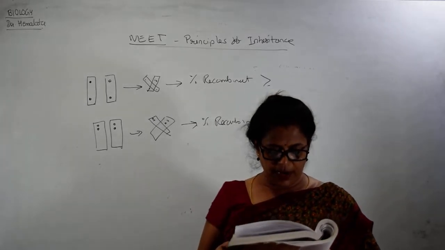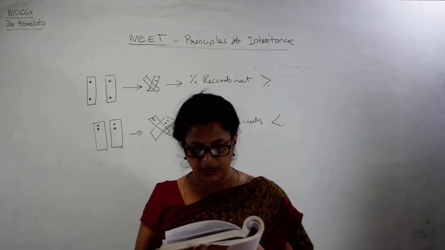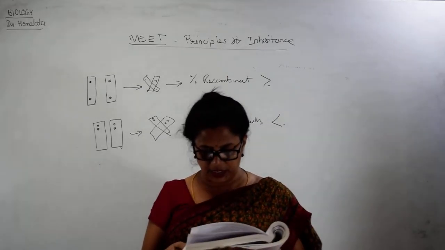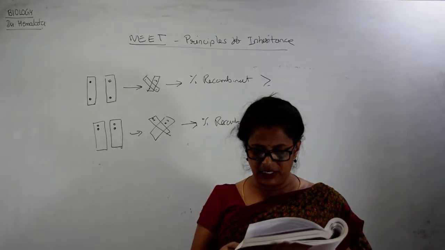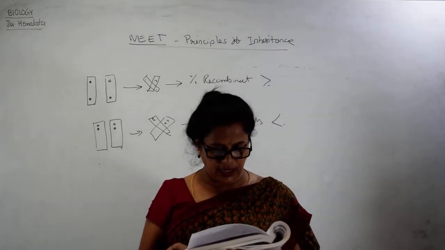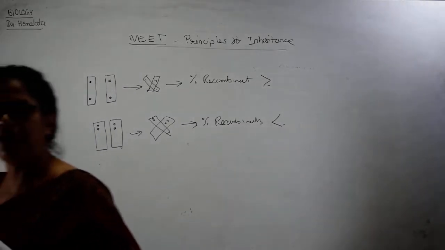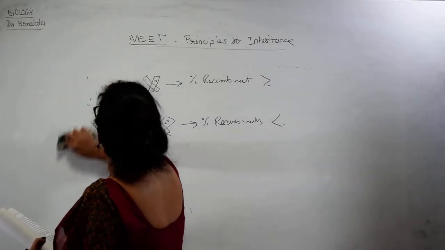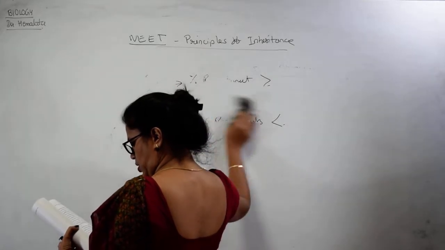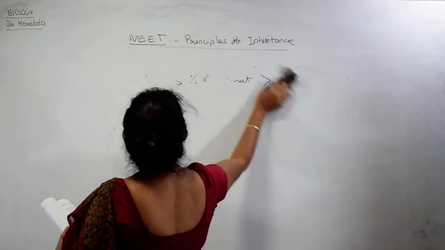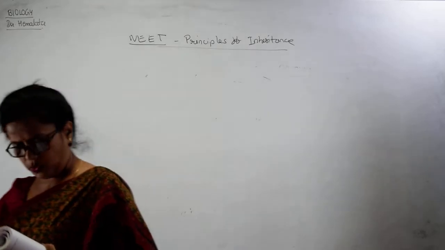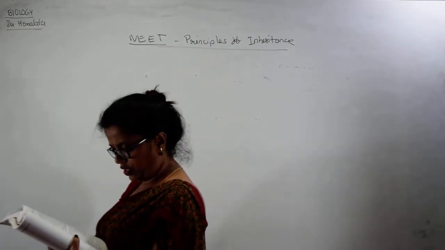Next, to determine the genotype of a tall plant of F2 generation, Mendel crossed this plant with a dwarf plant. Whenever they say such things, you should just take it down. The next question, question number 7, you just take it down.